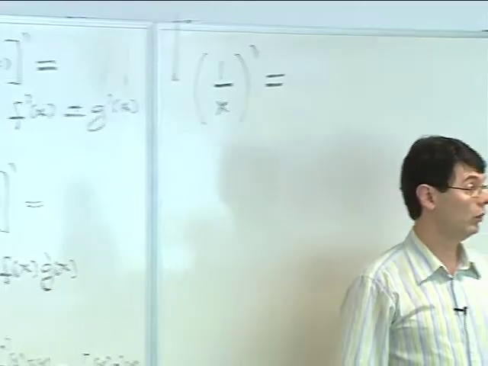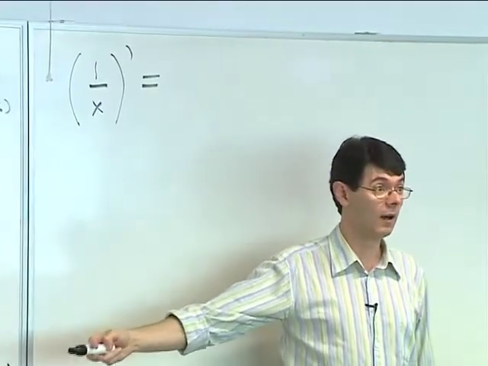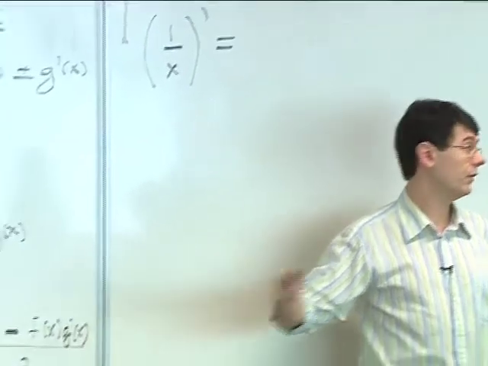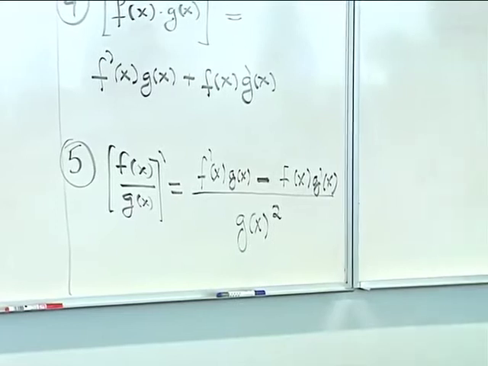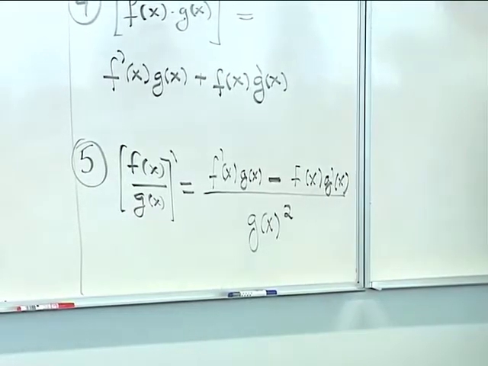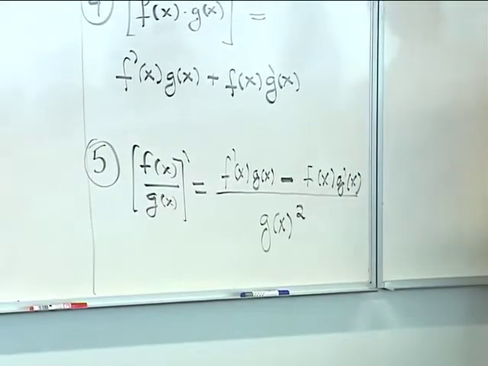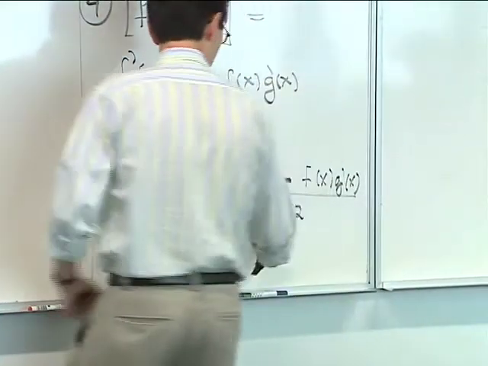I'm going to use formula 5, the quotient rule. Okay? So, according to formula 5, whatever I do, I divide by x squared because I get the denominator and square it.